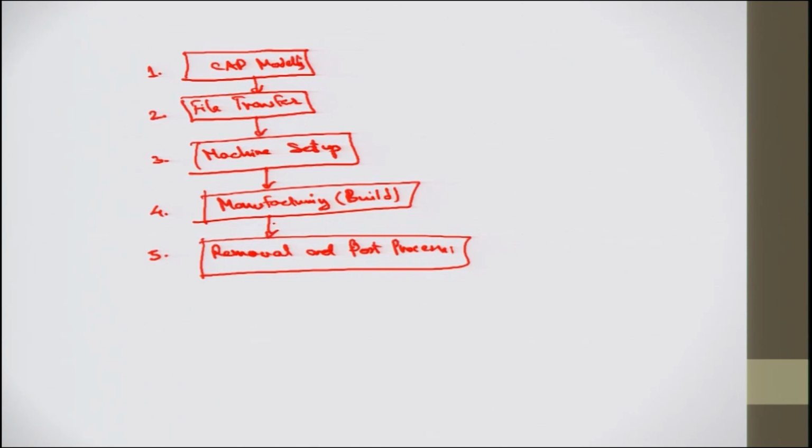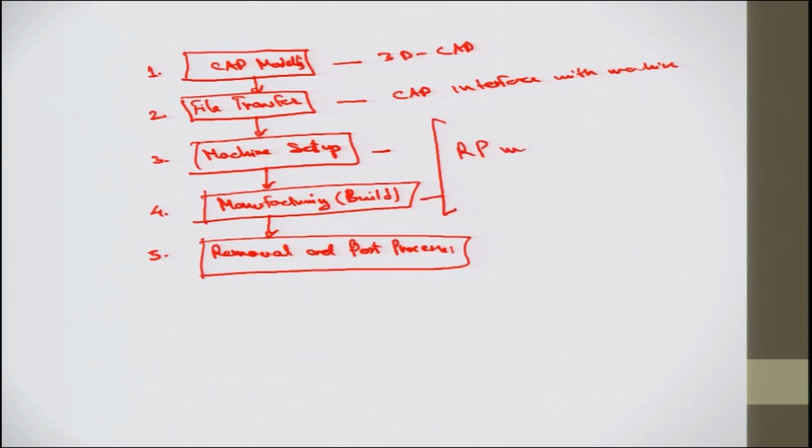In this case, the first step is done by our 3D CAD package. This file transfer is done by our CAD interface with the machine. Then machine setup and manufacturing, both these things are done by our RP machine only.